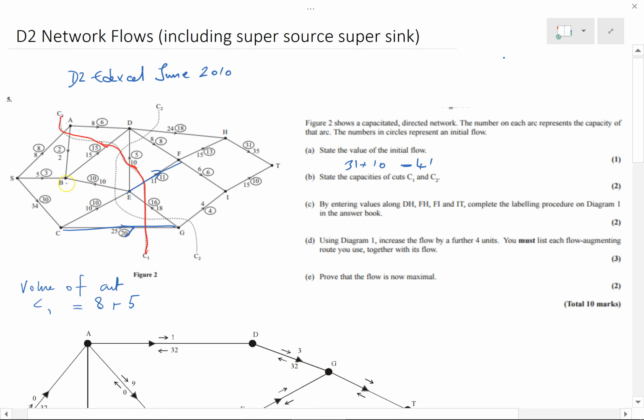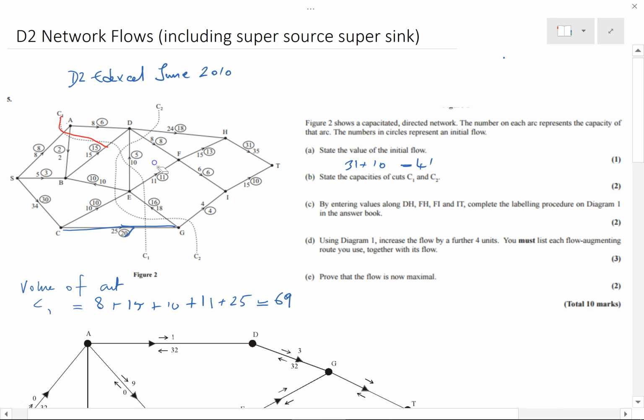So we've got 8 plus 15, that one, I don't know why I said 5, it's 15, I just misread the number, and this one is 10, this one is 11. This one doesn't contribute to the cut because it's going from sink to source, and this one is going from source to sink, so that's 25, and they all add up to 69.